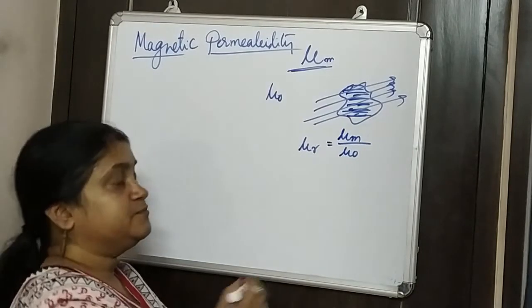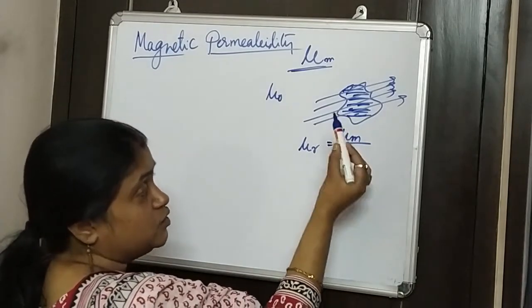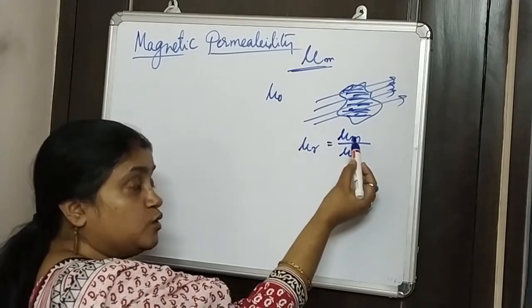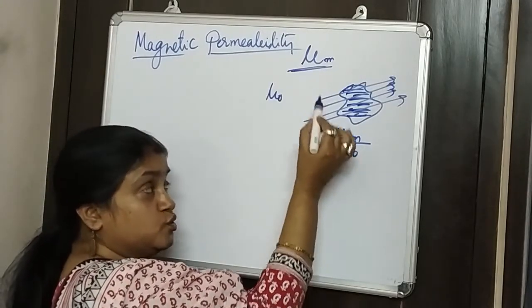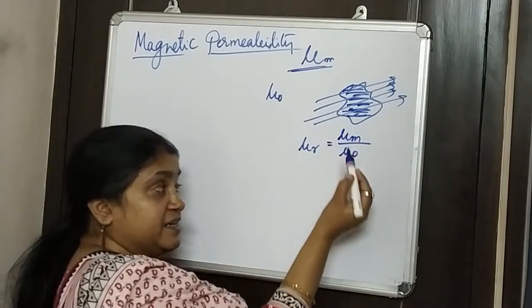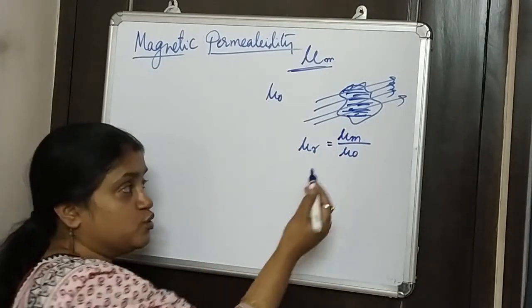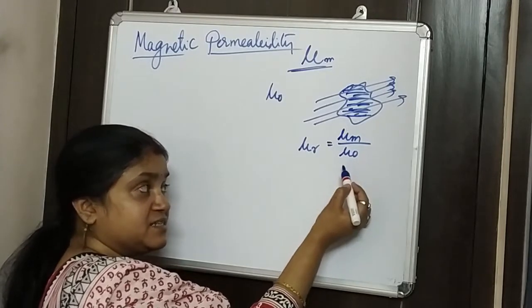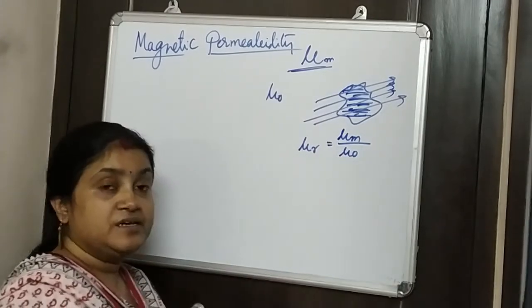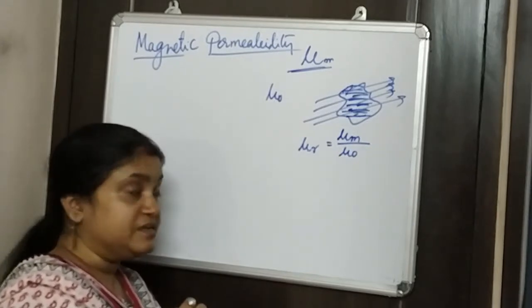It means the number of field lines allowed to pass through this material, as a ratio of the number allowed through vacuum, is the relative permeability.